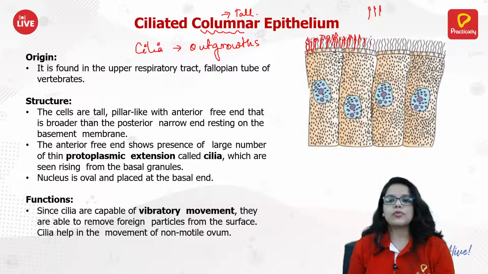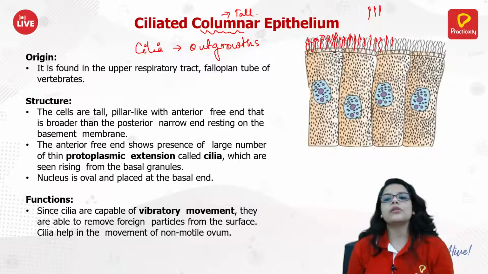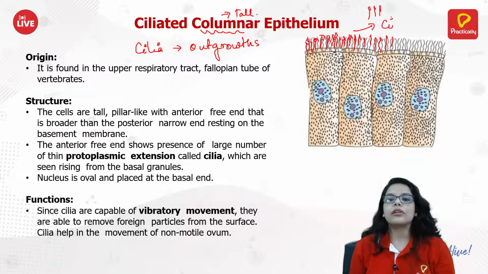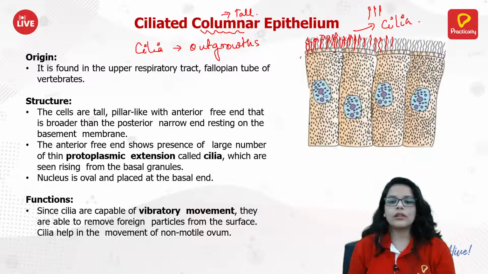Microbes use them for something, our cells might use them for something. That is why, because there are cilia over here, it is ciliated columnar. And columnar means it will be tall in nature.